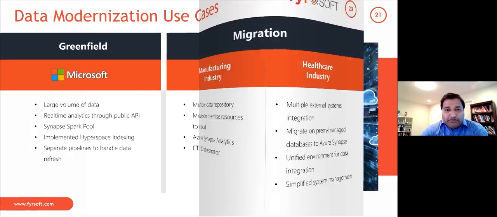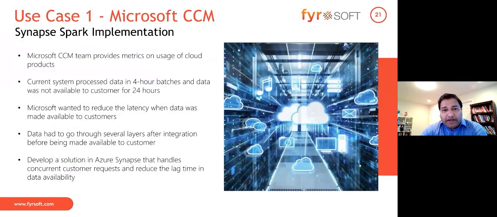So let me jump on to the first case study, which is with Microsoft. We call it the Cloud Cost Management team. As you know, all the Azure resources that we use raise events, and those are very unstructured data. The events keep coming in every second, and we have to feed that data and do analytics on top of that. There was some latency in how quickly customers can access that usage data, depending on the segment of users, whether they are EA, MS Web Direct or CSP customers.